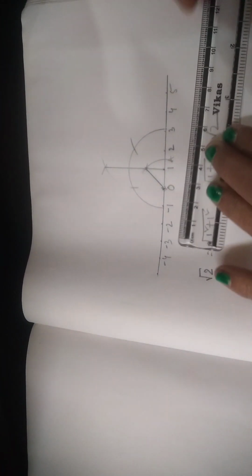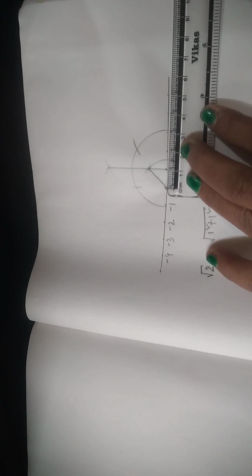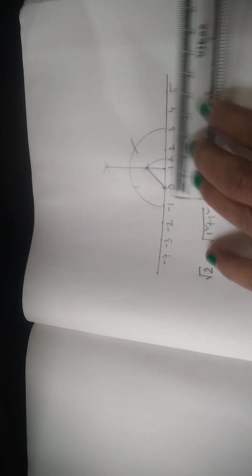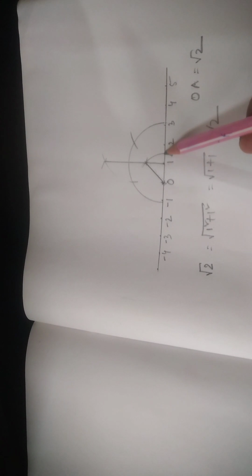This is the value of root 2 from 0 to this point. Suppose this point is A. Now measure this portion 0 to A. This is 1.4 approximately. So OA is the value of root 2. So we can represent root 2 on the number line in this process.